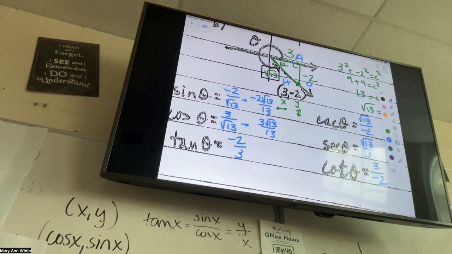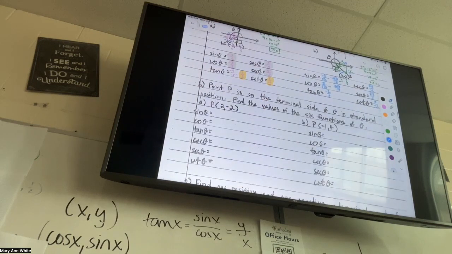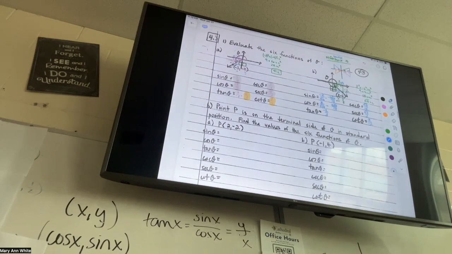Any questions yet? Okay. The next two are super similar, so let's look at those together, at least the setup. On these last ones, I gave you a picture and we just drew our triangle on the picture. Letter B is just words explaining the same thing. It says point P is on the terminal side of theta in standard position. Okay, pause.